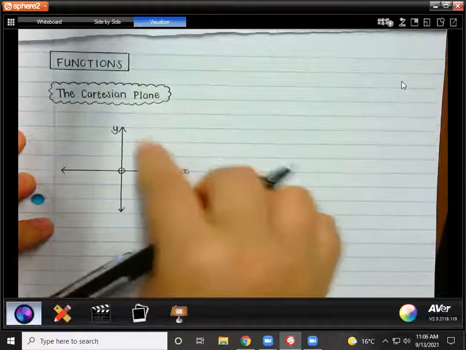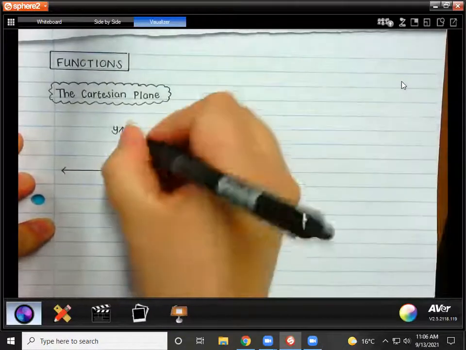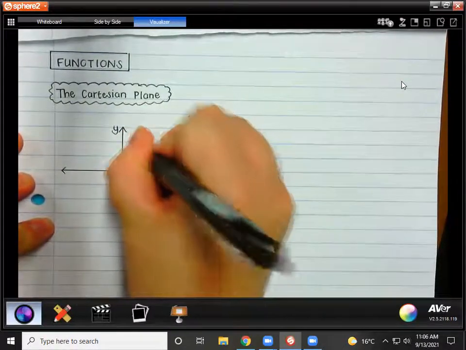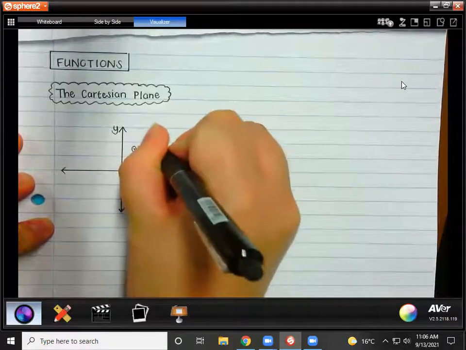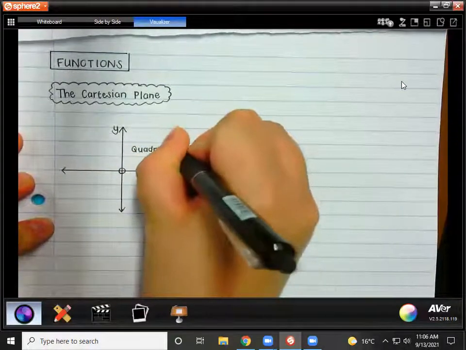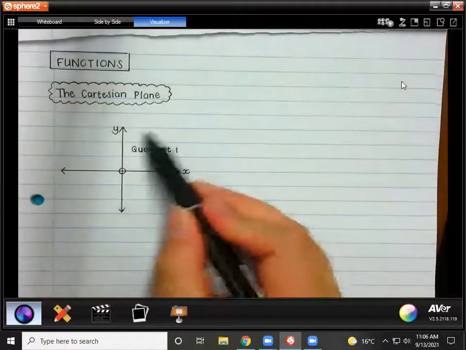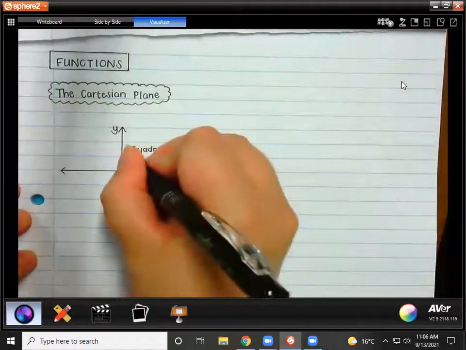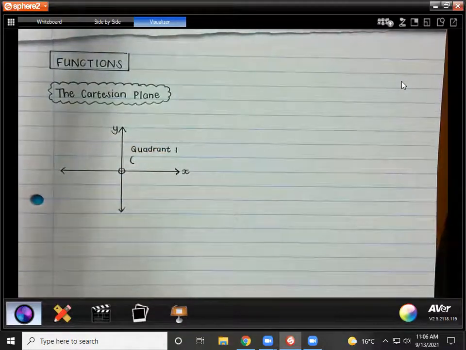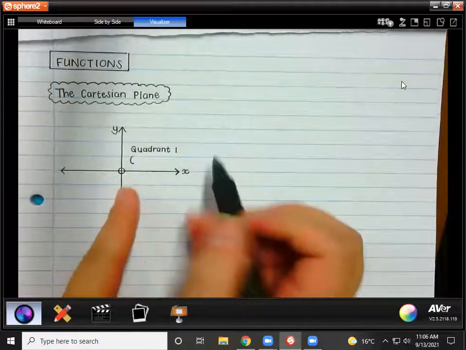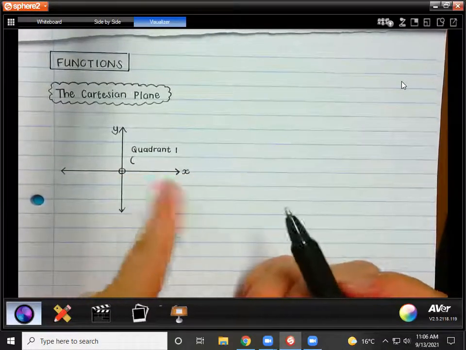Now this section of the Cartesian plane is the first quadrant, quadrant 1. And any point that we have in this quadrant, if we had to list the coordinates, so the x value and the y value, all of these numbers on this side of the x-axis will be positive numbers.